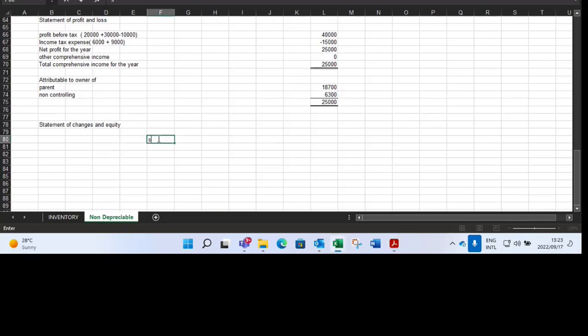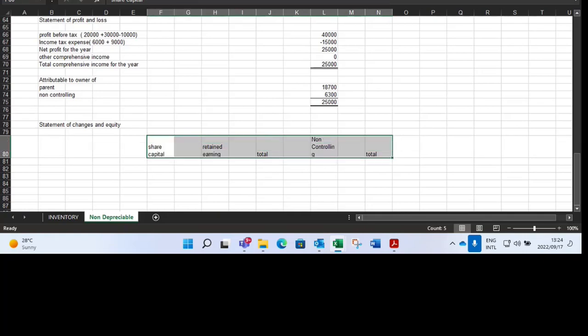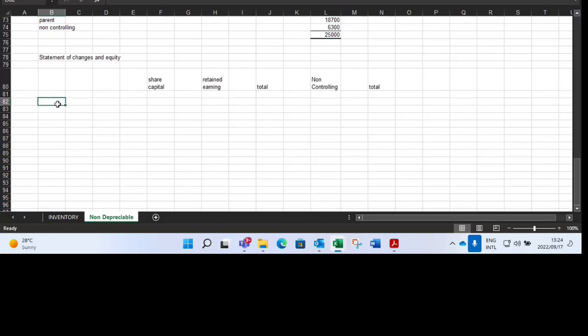We have share capital, we have retained earnings, we have total, we have the non-controlling, then we have total again. Balance it.